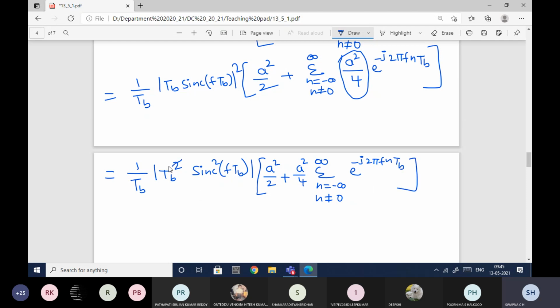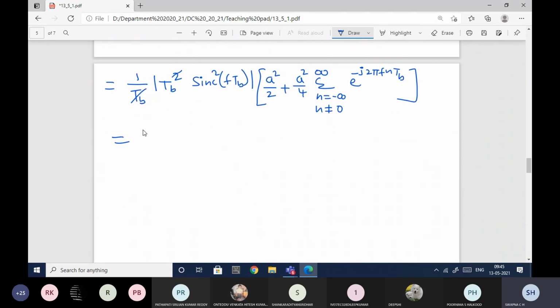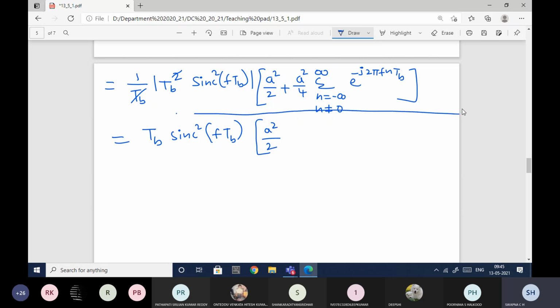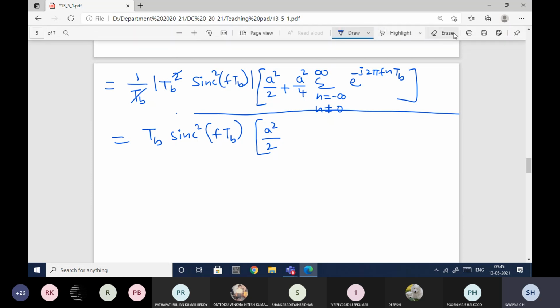So this TB and this TB will get cancelled, so I'll be left with TB sinc square FTB into A square by 2. Until here is the concept. From here it is all the mathematical derivation. I've just substituted, then I've taken common everything.